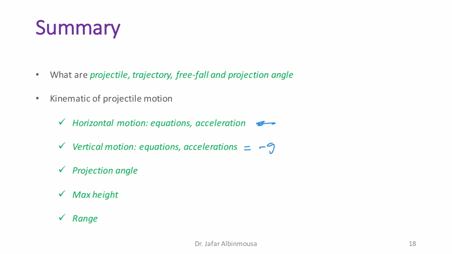We also talked about the projection angle and what is the angle that enables us to achieve a maximum range or a maximum height. We expressed the equation of maximum height h or y max, and also we talked about how to find the range.